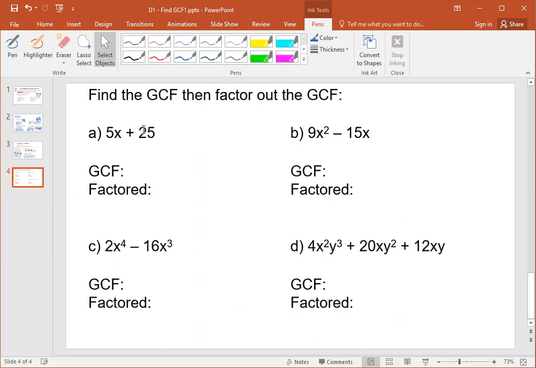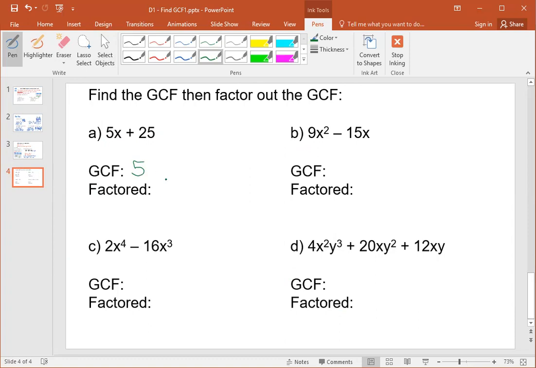We have 5x plus 25, so I need to find the GCF. At this point, I know that 5 will go into 5 and 25, so I have a 5 here, and there's only one term that has an x, so I do not get an x or a variable.